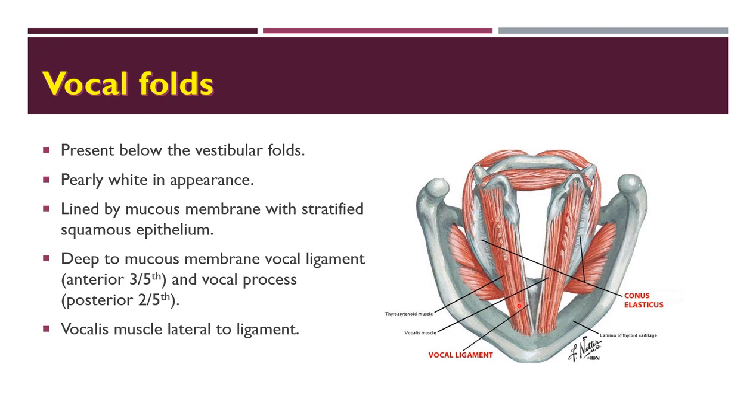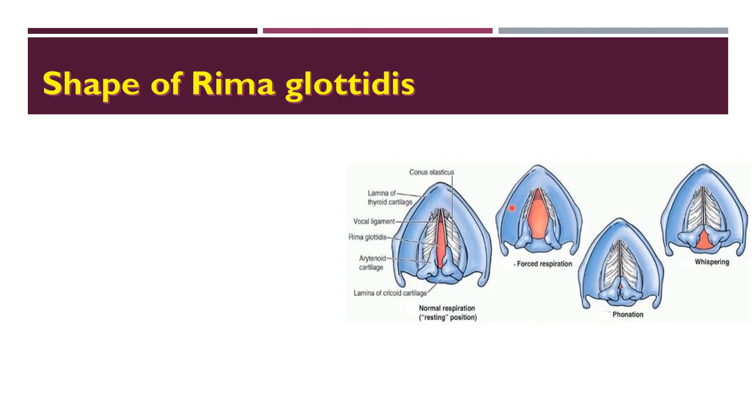Submucosa is absent in the vocal folds. Deep to the mucous membrane you don't have submucosa, so there are no submucous glands. Because of that, laryngeal edema does not affect the vocal folds.